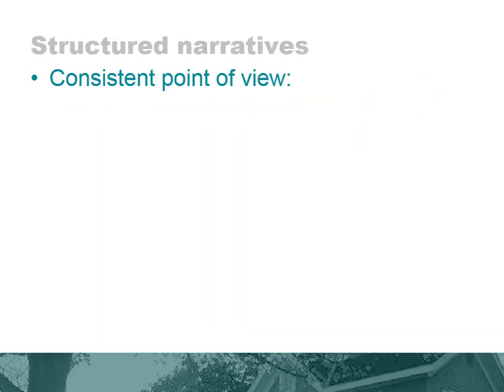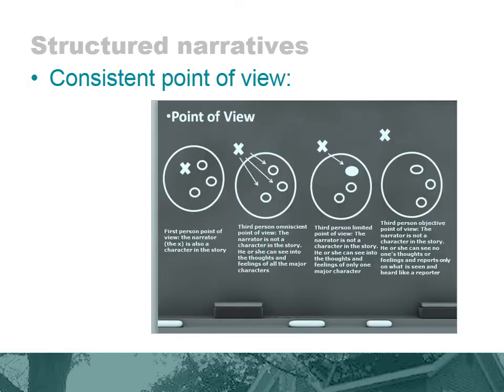Now in structured narratives, back to that, they all have a consistent point of view. So if you learned in 1302, the point of view is usually either first person, or third person omniscient, third person limited, or third person objective. In first person, the main character is telling the story and they're part of the story.